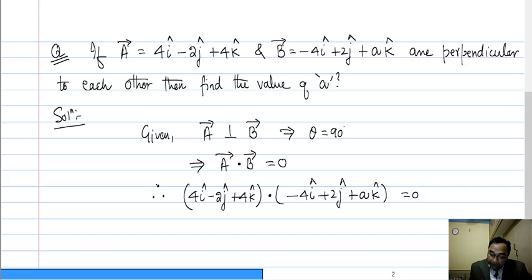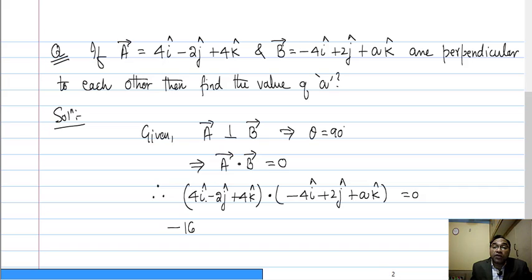Now, expand it. What do we get? Minus 16, because i dot i is 1, i dot j is 0, and k dot k is also 1. The dot product between similar unit vectors is 1, and between dissimilar vectors, which are perpendicular to each other, is 0.